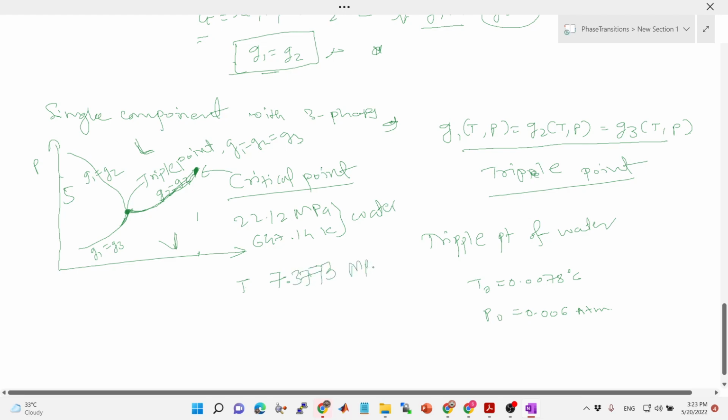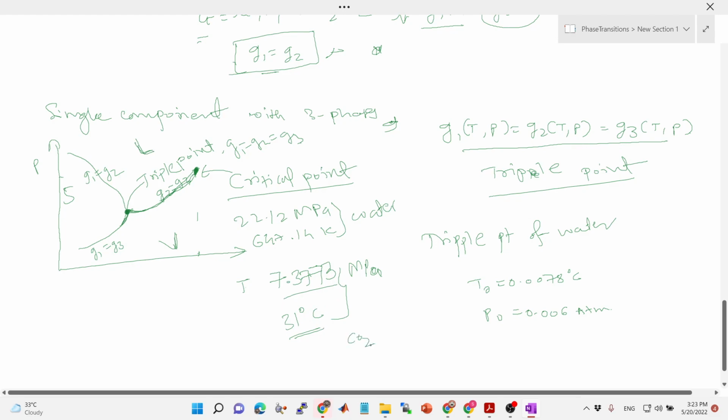Whereas for CO2, the critical pressure is 7.37 megapascal, and the temperature is 31 degrees Celsius. So relatively, this temperature can be easily achieved, and also this pressure is less.